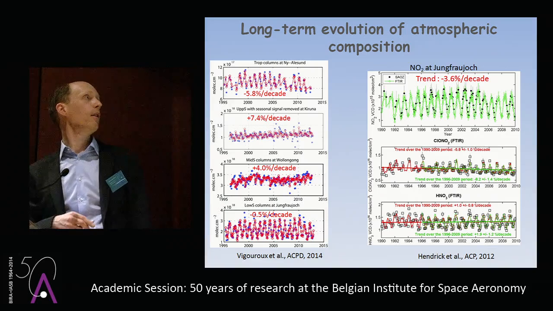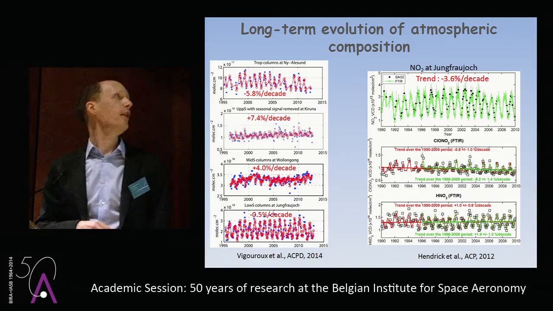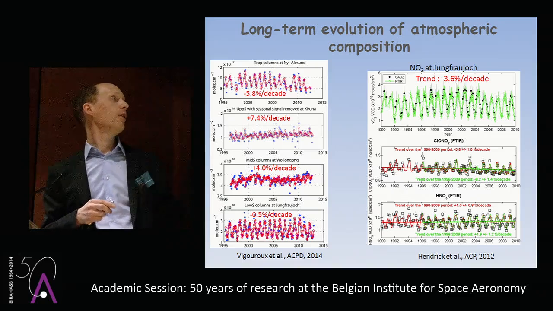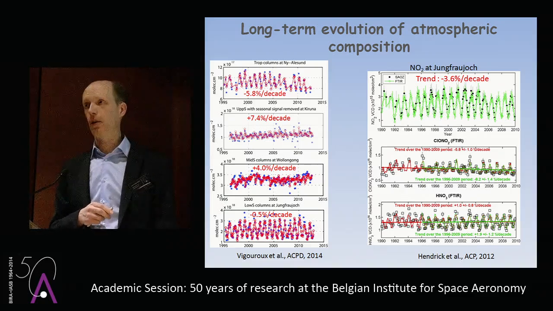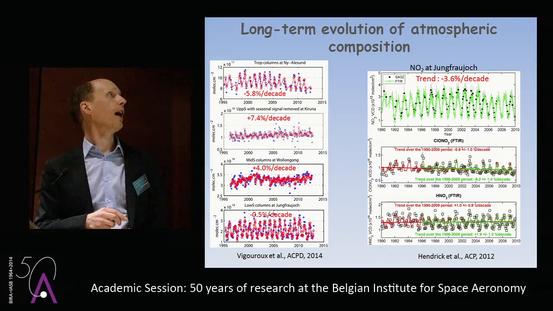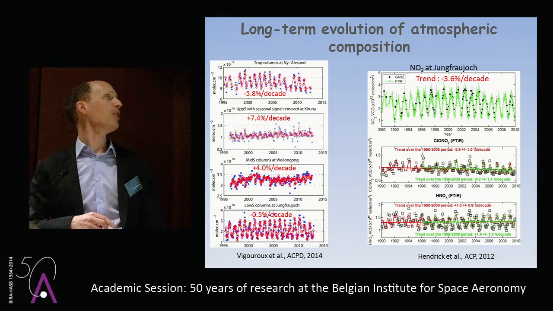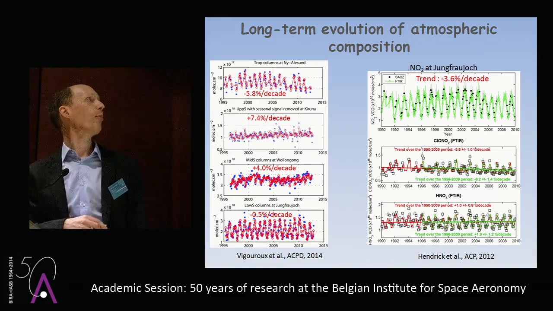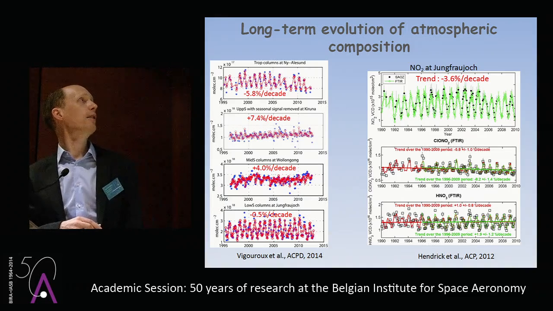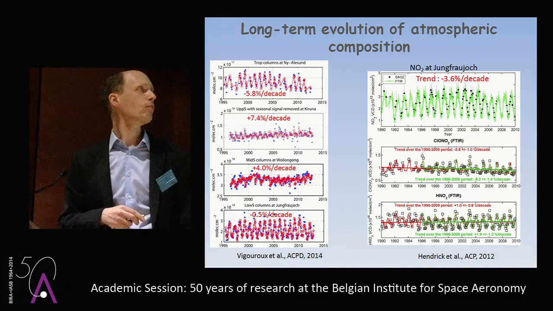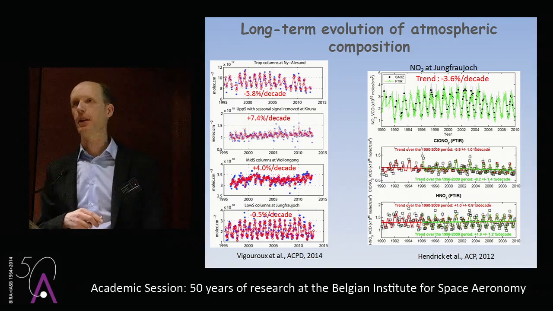And what was found from this study is that the trends are completely different in different altitude ranges, and also quite different between the Arctic, which shows, in this case, a very fast, substantial increase in the upper stratosphere. This is in Kiruna, probably reflecting the decrease in the chlorine content in the stratosphere.